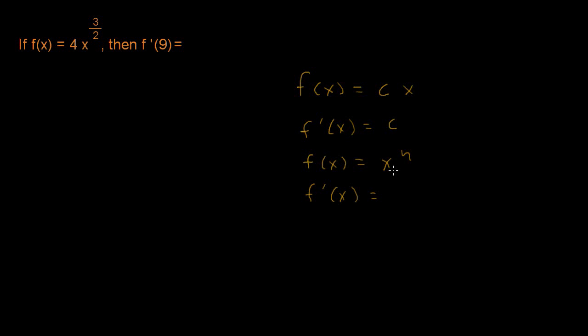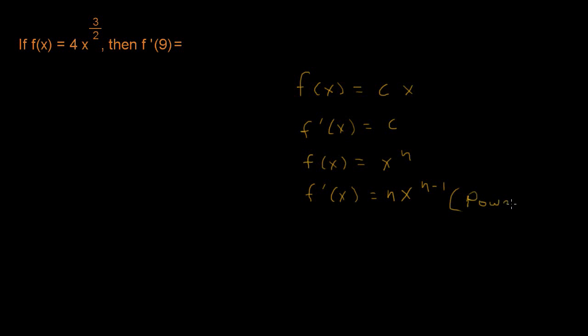and this is another common one. You could tell me that this is equal to that constant n times x raised to the n minus 1 power. And this one has a common name, and you probably know what it is. What is the name of this rule? It's the power rule.